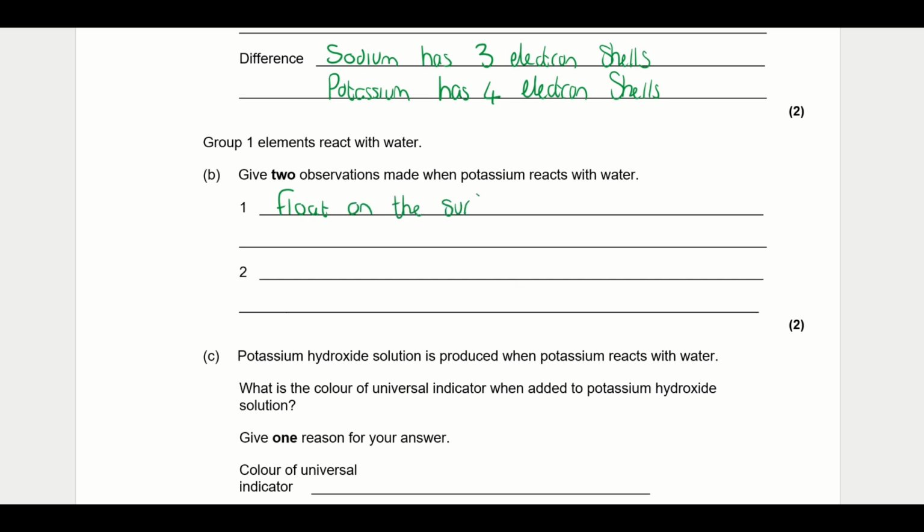Okay, and that's a characteristic of group 1 metals, and that's because they're less dense than water. That's why they float. The second one is the potassium melts. You can have that. You can also have a lilac flame. So any 2 of those are perfectly adequate.